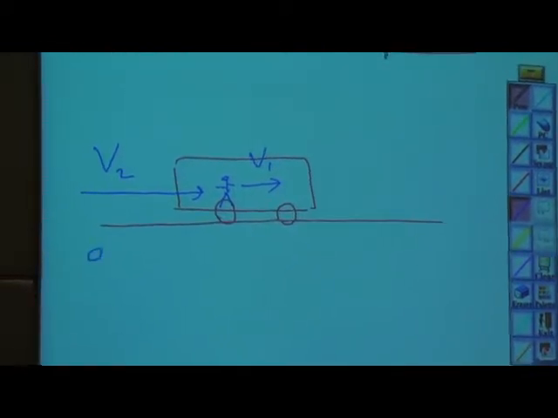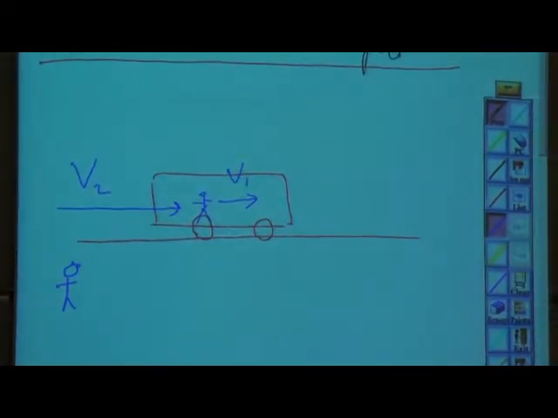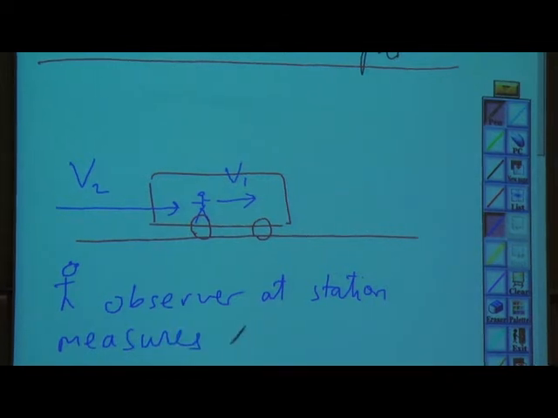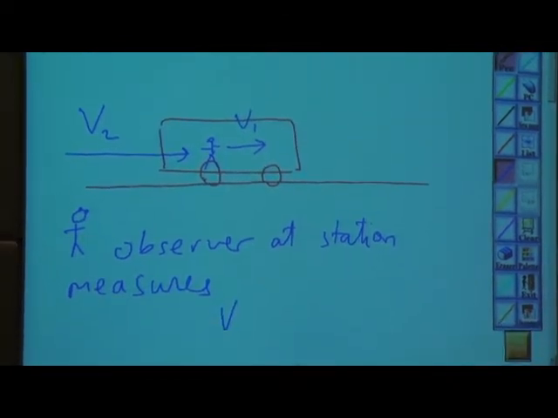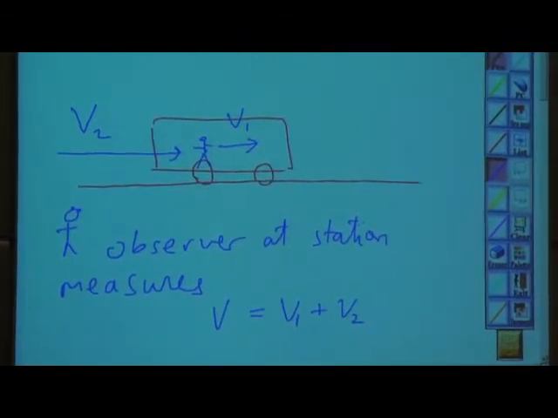And here is your scientist making some observations, using chronometers, whatever, he's measuring speeds, and the observer at the station measures V equals V1 plus V2.